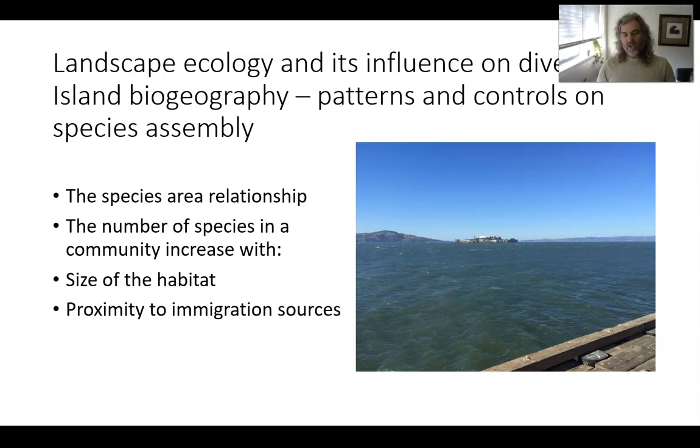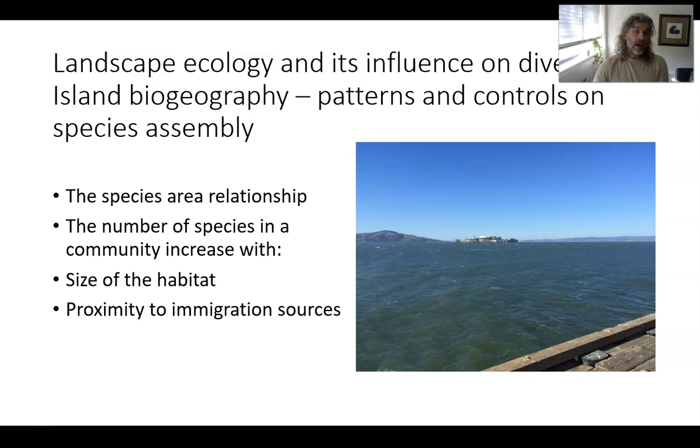One of the key things it does is predict a relationship between the number of species in a particular location and the area of the landmass. The number of species in a particular community is expected to increase with the size of that landmass or the size of the habitat, and the proximity to an immigration source.